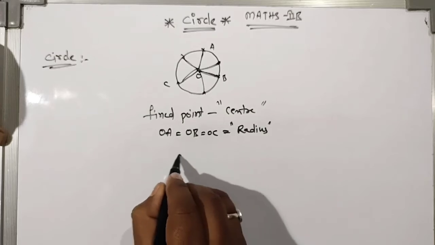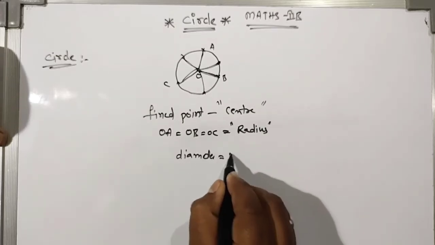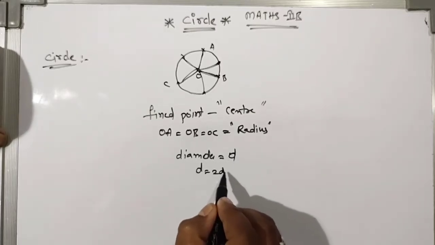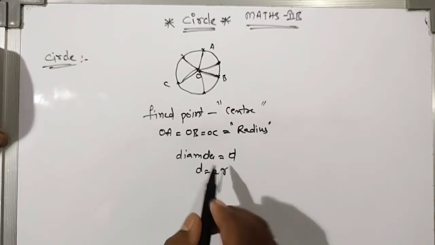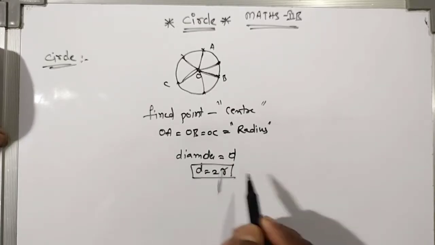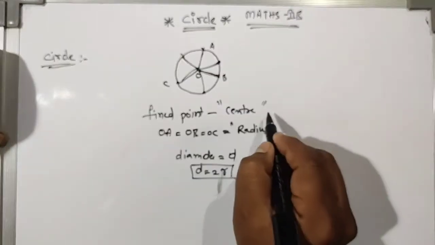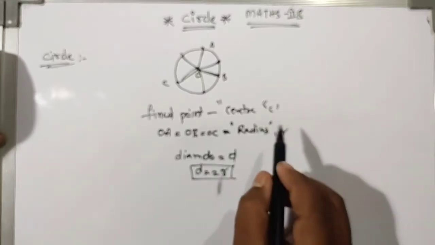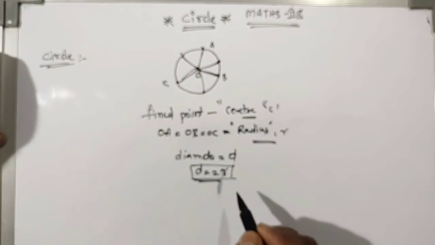Therefore the diameter d is equal to 2 into r. Basically you can indicate the center with c, and the radius with small r. So r is the radius, c is the center, and d is the diameter.